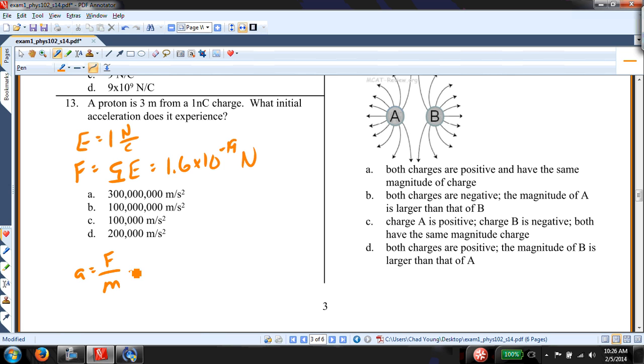It's going to be that force over the mass, which is about 100 million meters per second squared. So B is the right answer for number 13.